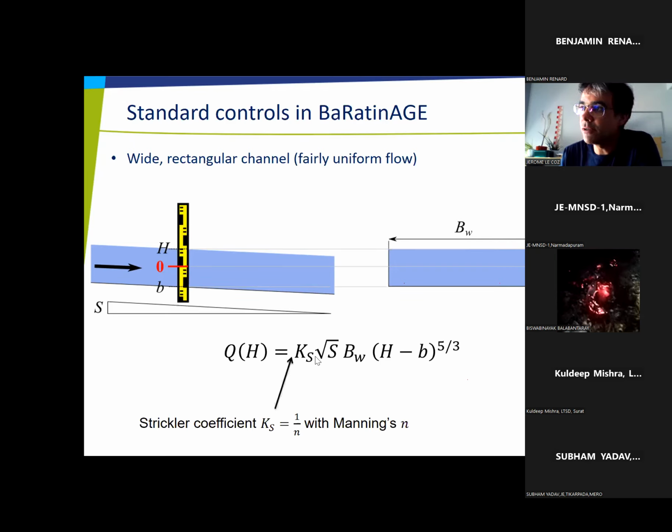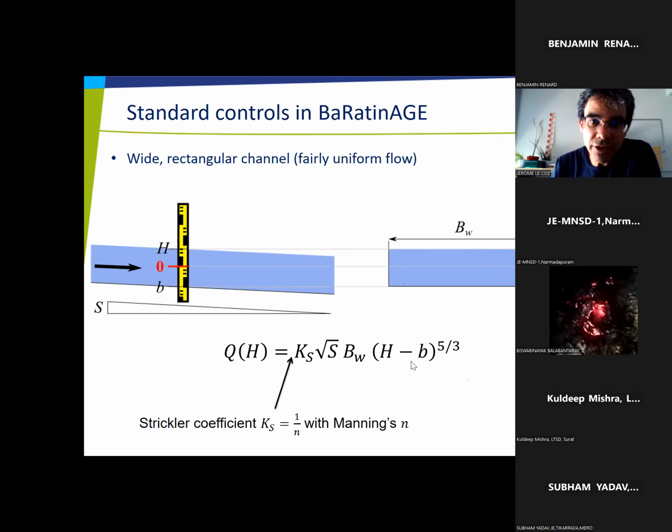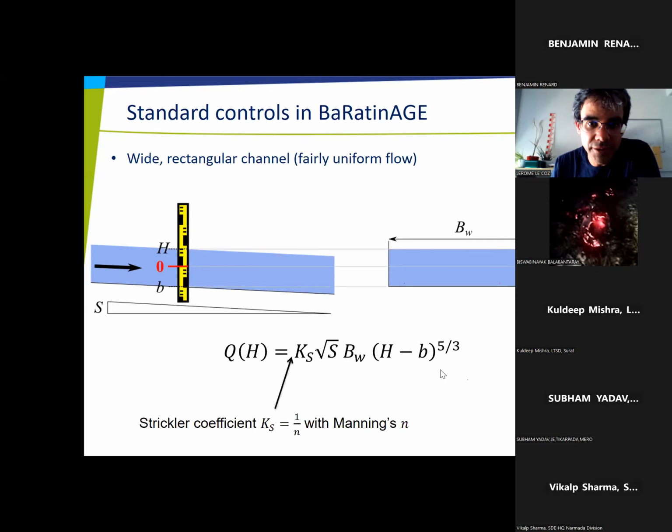And in this equation, you recognize the A, B, C parameters, but you can see that the coefficient is a bit more complex than a single coefficient. Actually, it's the product of three different terms. So the friction coefficient, that can be expressed as Manning's N or Strickler coefficient. Here it's the Strickler, which is the inverse of the Manning's N. The square root of the channel slope, S, and the channel width, BW.